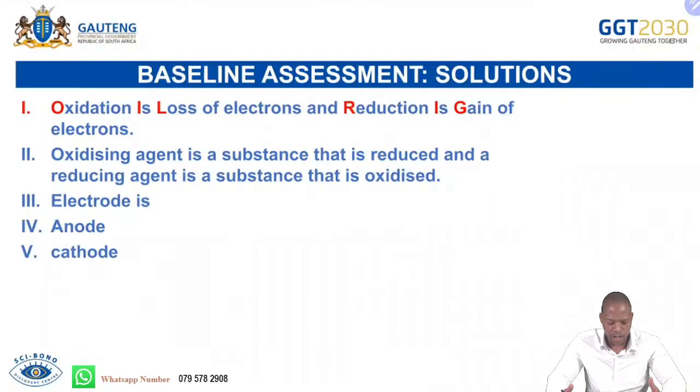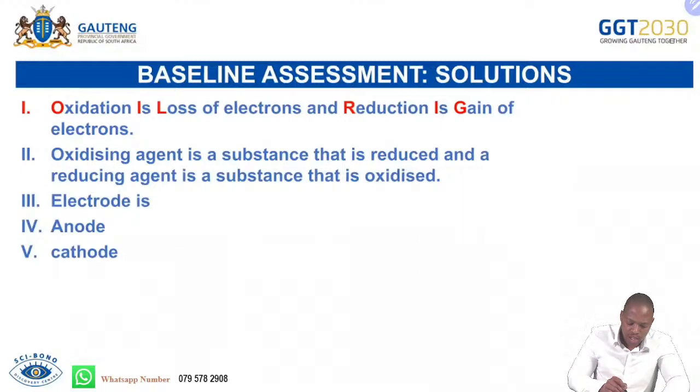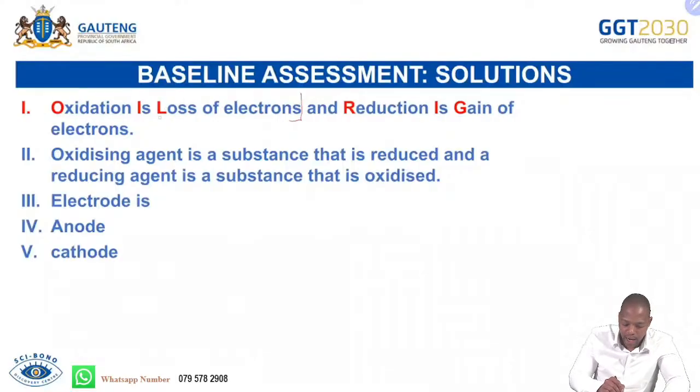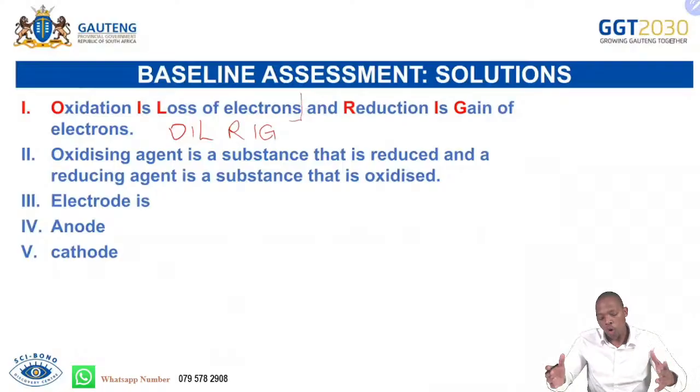In differentiating between oxidation and reduction, we say oxidation is the loss of electrons. This is the formal definition of oxidation. And then reduction is the gain of electrons. As you can see here, I've highlighted in red O, I, L, and I've also highlighted in red R, I, G, which is OIL RIG.